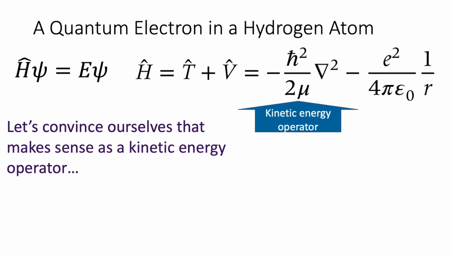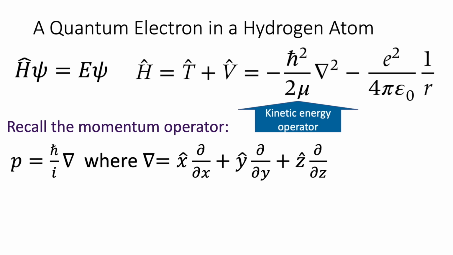All right. So, I kind of hinted at it before that this kinetic energy operator does make sense, and it was a little bit of a hand-waving explanation. So let's get a little more serious with it here. Another way that we can think about this is that there's the momentum operator. In quantum mechanics, we say that the momentum operator p is defined thusly: h bar over i times the gradient operator.